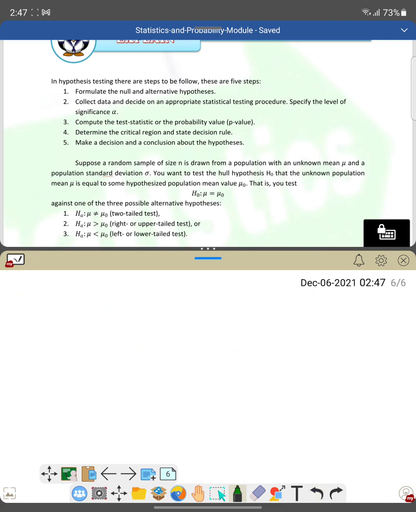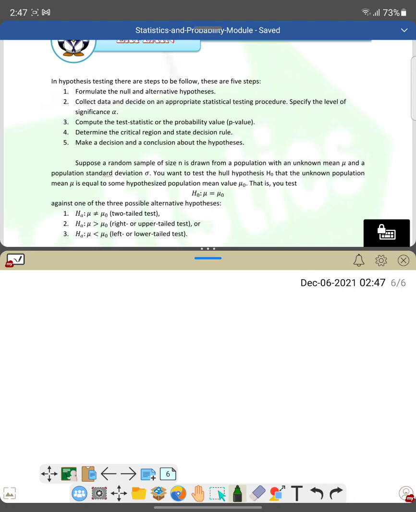Okay, now for number 3, compute the test statistic or the probability value. Of course, because that is where we will decide whether we will reject or not reject the null hypothesis. So determine the critical region and state the decision rule.